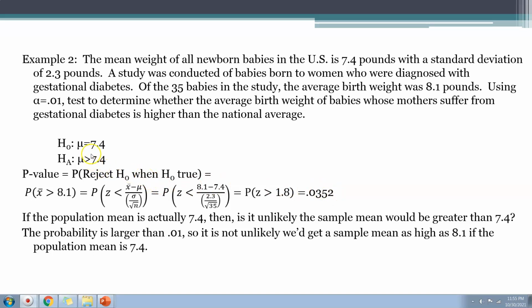And the same thing is going to be true if we've got one that's less than. If we're looking for one that's not equal to, though, we're going to have to reject H0 if the sample mean is too far in either direction. And so that's going to look like two tails being shaded in. So that's why we call those one-tailed versus two-tailed tests.